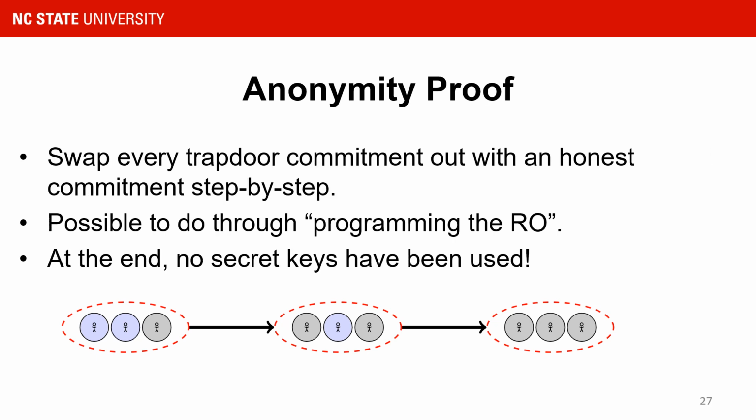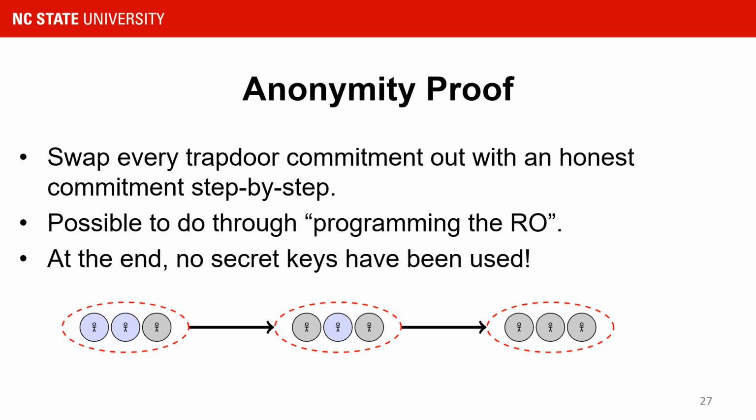We are going to swap out the trapdoor commitments with an honest commitment step by step. In this picture, I originally start with 2 signers and a non-signer, swap one of those signers into a non-signer, and then swap the remaining signer into a non-signer. This is possible to do if you know the point 0z ahead of time. So for the purposes of the proof, we're able to program the RO, like set the points that we want to have.